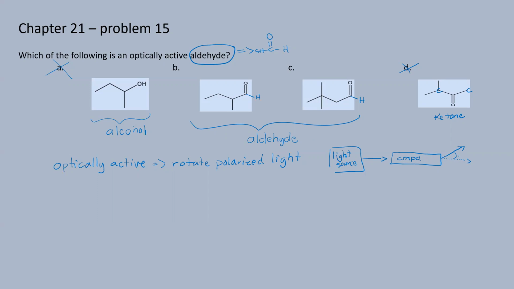Okay, now, in order to be optically active, you have to be chiral. So lots of new definitions in this problem. So chiral molecules. The definition of chiral is asymmetrical.